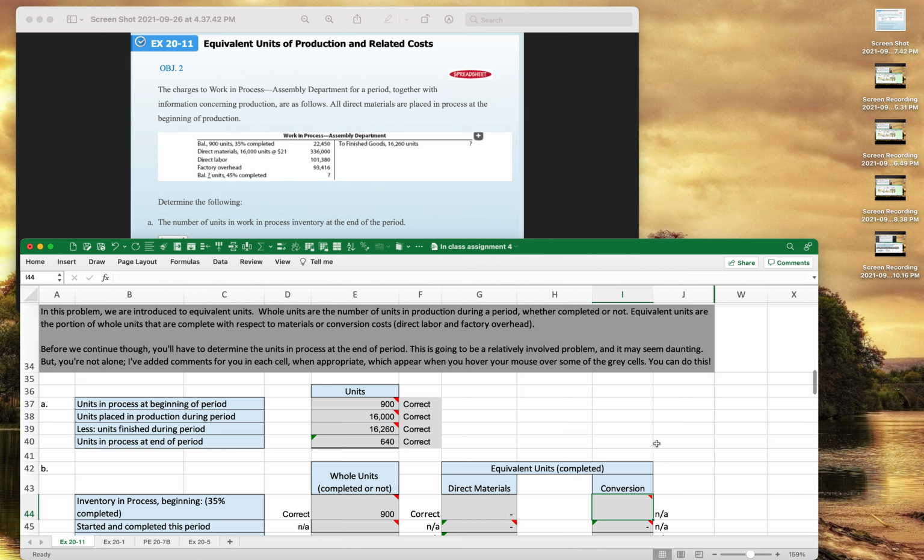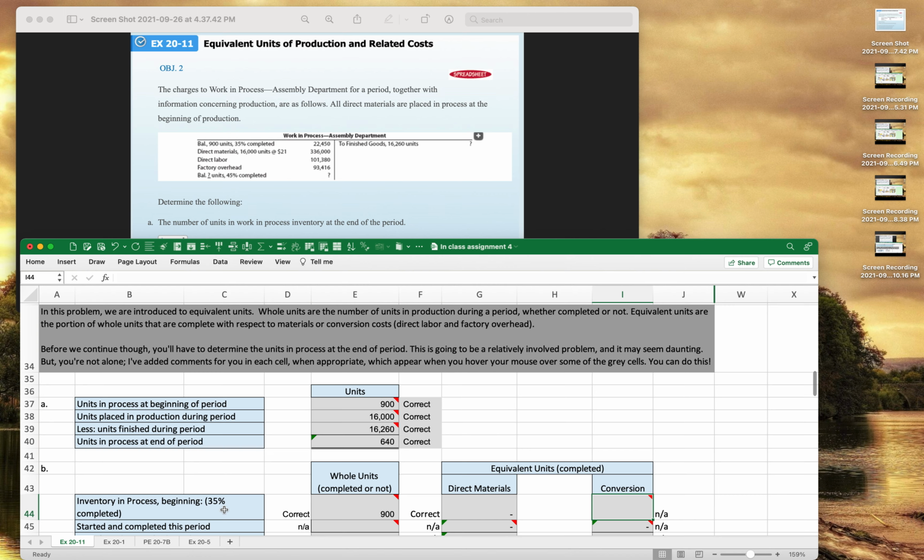Then they ask us, okay, out of those 900 pieces, how many pieces did you apply conversion cost to? In other words, how many of those pieces needed direct labor or needed some factory overhead? And this information is given right here where it says 35% completed. So if you had 900 paper airplanes, out of which 35% were completely done, would you have to apply any more direct labor or factory overhead to those?